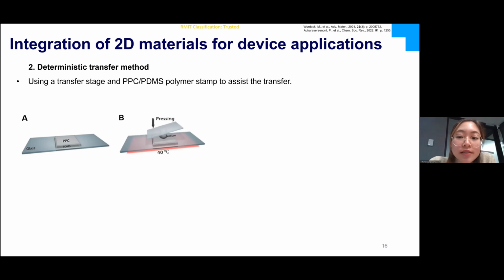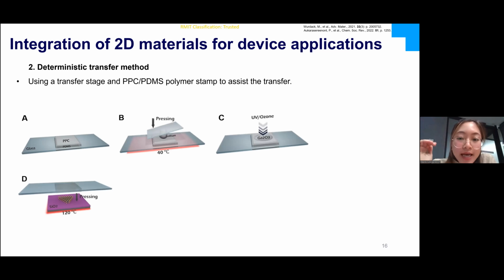Then the gallium oxide is directly synthesized on top of this stamp through the squeeze printing technique at about 40 degrees C, which is above its melting point, before getting cleaned with a UV ozone treatment, but this part is actually optional. After that, it is aligned with the other 2D materials on another substrate, utilizing an optical microscope attached to the transfer stage.